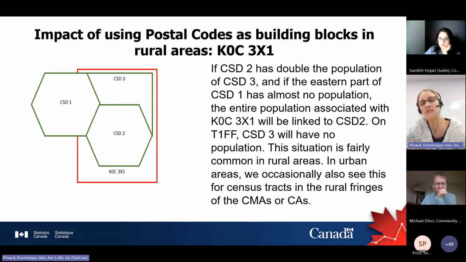We have maybe 40% of all the dissemination areas that are well covered and precise enough, with more or less 10% difference from the census population. So sometimes it's good, sometimes it's not so good. We don't recommend going to the dissemination area with the TIF, but it's available if someone really requires it.